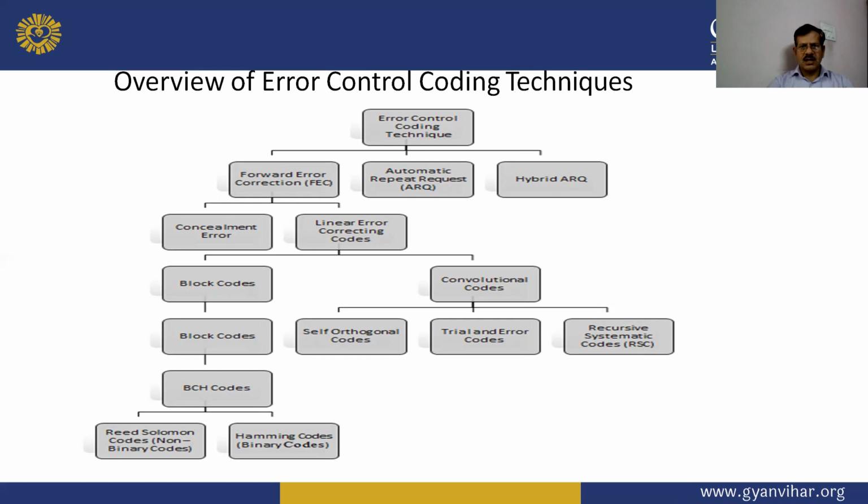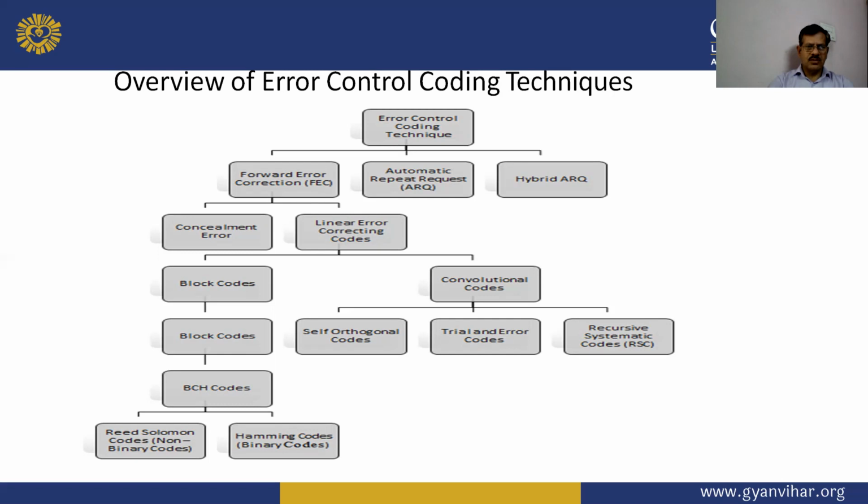One part is convolution codes, which are also divided into three parts: self orthogonal codes, trial and error codes, and recursive systematic codes. The linear error correcting codes are also divided into block codes, and block codes again into BCH codes.